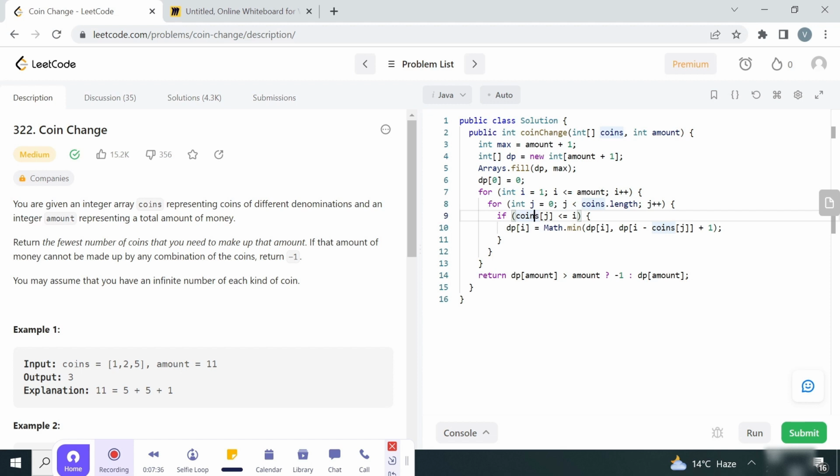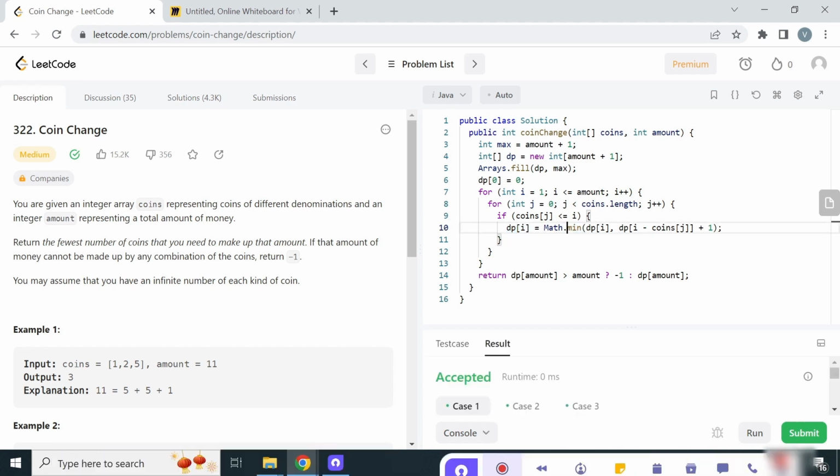If it is, then we'll update DP of I to the minimum of DP of I and DP of I minus coins j, plus 1. So for every coin denomination we are computing DP of I minus coins j, and comparing with the current DP of I. We update DP of I with the minimum of both.